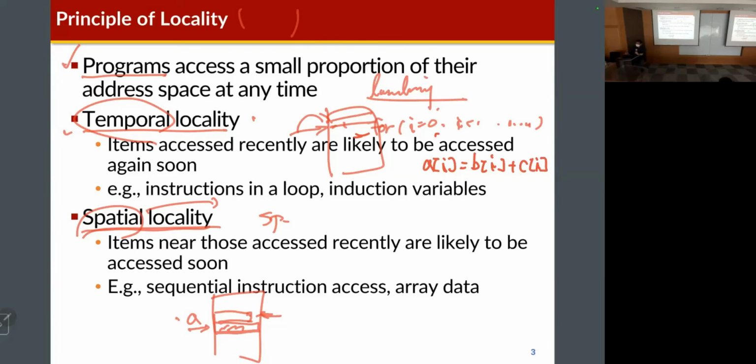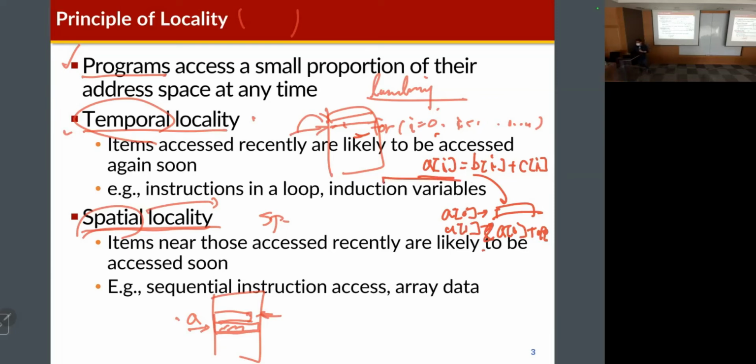But actually, we already know how the array data is stored in the memory, right? A[0] is the base address of this array, and then a[1] is stored at the base address plus some offset. We know the offset is equivalent to the size of an element. So we can say that this data is the neighbor data.